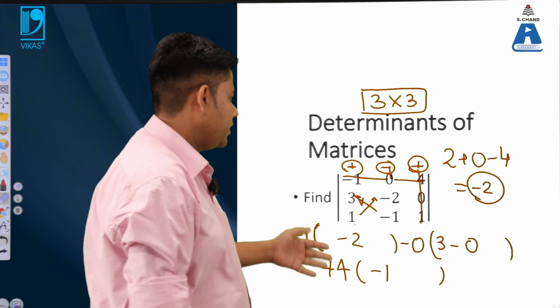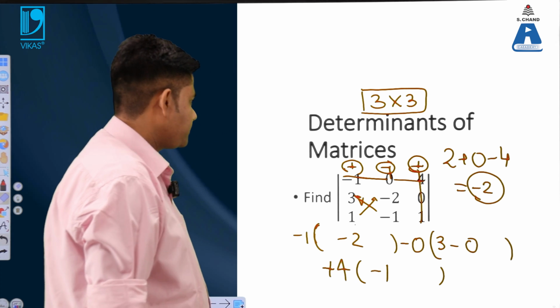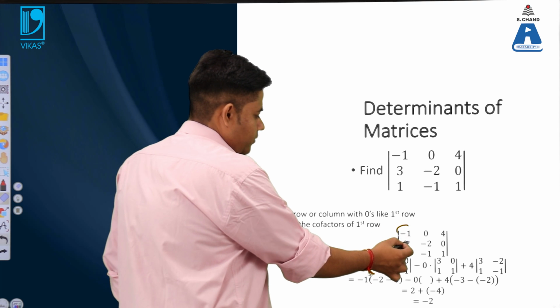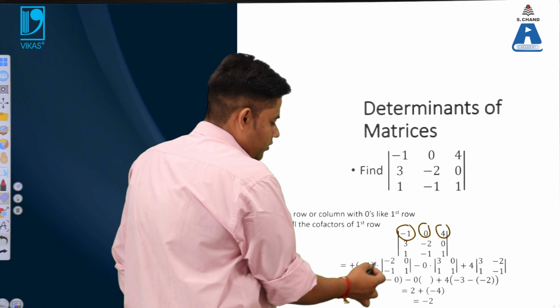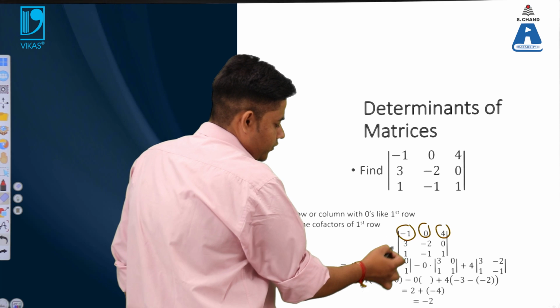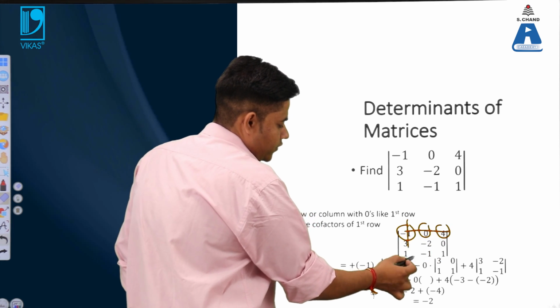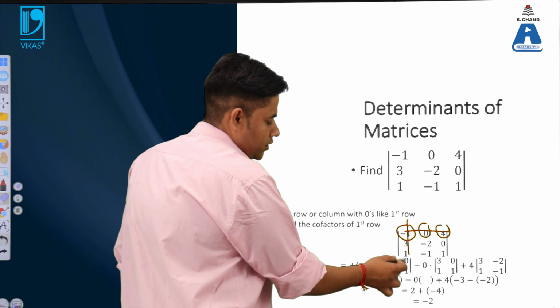So this is the procedure that we want to follow. I have told you how it can be done. You will use this minus 1, 0 and 4, and for the first set you will remove the first row, first column. So you are left with this, and solve the determinant.